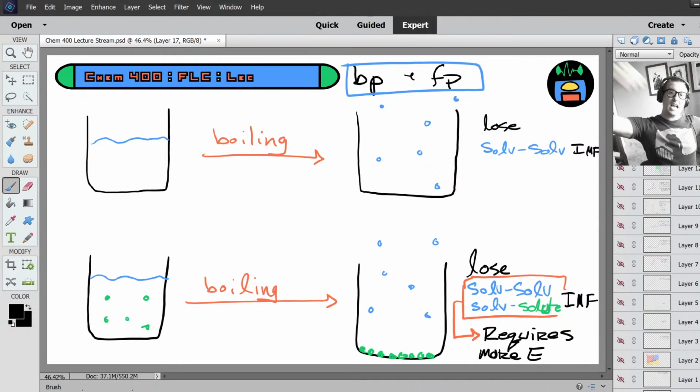To take this into the gas phase, we have to pull them apart, and the more interactions there are, the more yanking we have to do, the more energy we have to invest to separate all these molecules from each other. So adding a solute will elevate the boiling point.